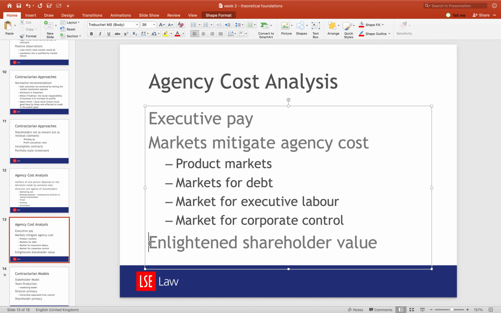And then there is the enlightened shareholder model, which is what the current Companies Act in the UK has adopted, and that's the idea that it is probably wrong to view company law as a battleground of the various constituencies. In many, many ways, the interests of the participants overlap. So directors will do well when the shareholders will do well.